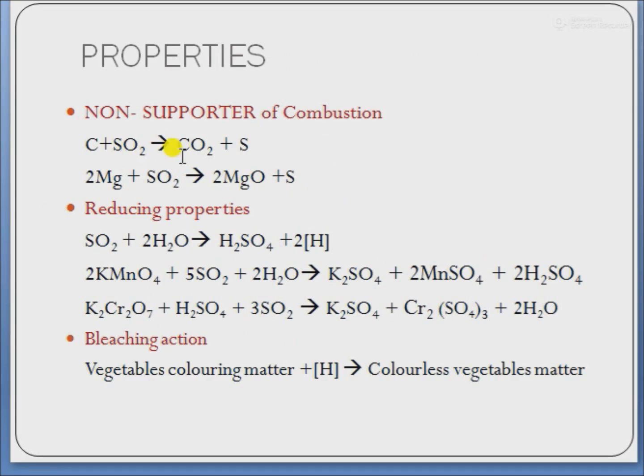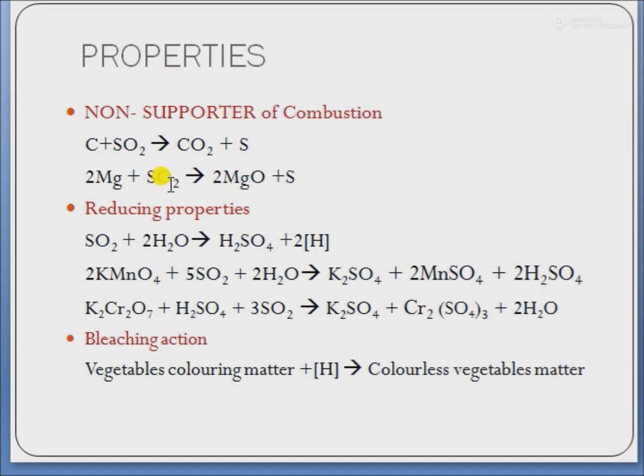Next property, it is a non-supporter of combustion. SO2 gas is neither combustible nor a supporter of combustion. However, certain substances like heated carbon, lighted magnesium ribbon, etc. metal keep on burning. Carbon plus SO2 gives CO2 plus sulfur.